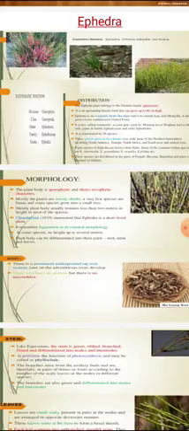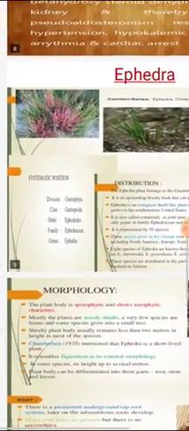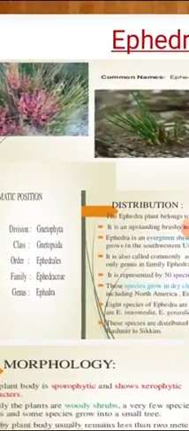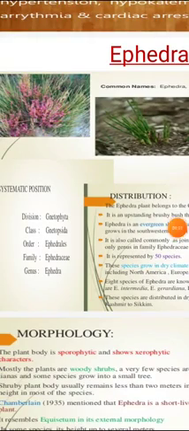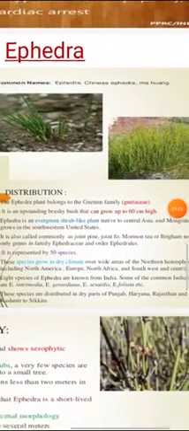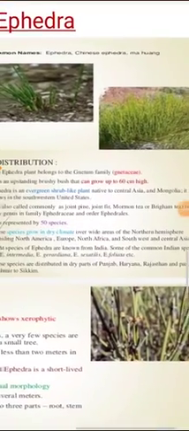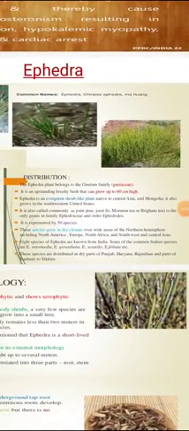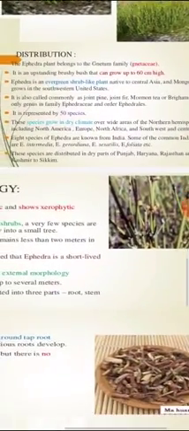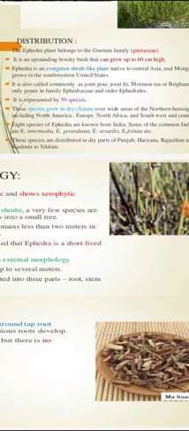Ephedra, it is a gymnosperm, and as you see, a natural photograph of this ephedra is there. Common name also ephedra. You see, naturally it is found with a xerophytic character. In distribution, this plant belongs to the family Ephedraceae.